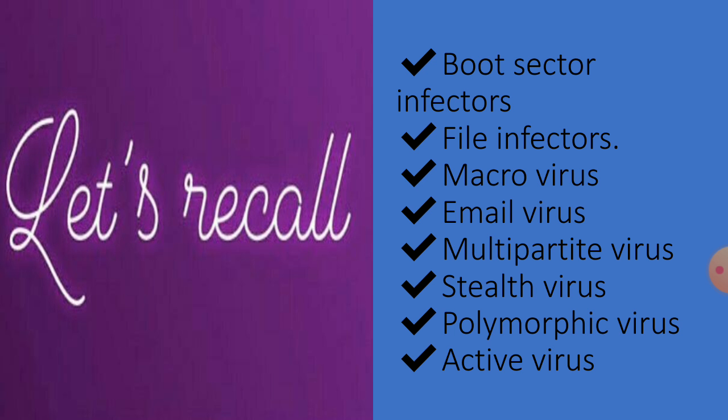Next is polymorphic virus. This virus is capable of mutating itself when it replicates, making it difficult to identify with ordinary antivirus software. Detection of this virus is very difficult because it will always change the source code from one infection to another.